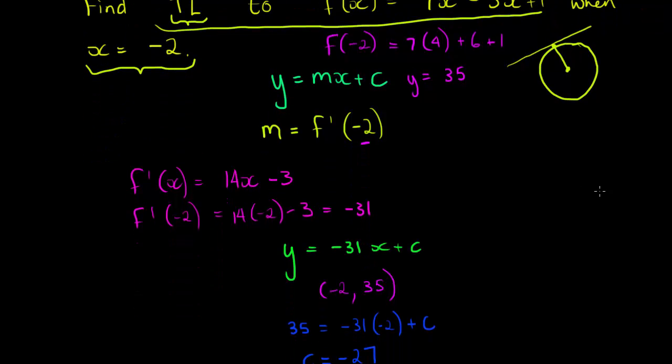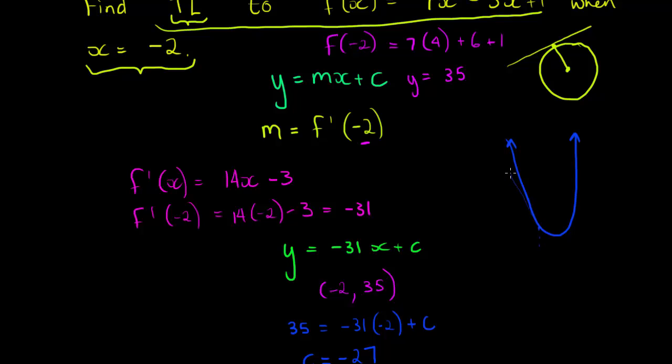So if I draw something like it, there's my curve. It's a very steep parabola actually, very steep parabola wherever it goes, and then at x equal to -2 must be somewhere here, because it's got a negative slope.